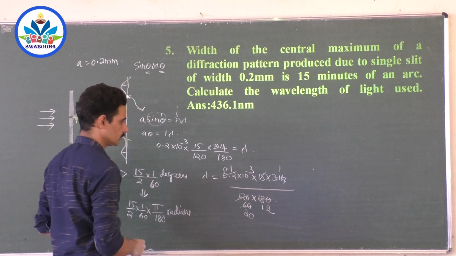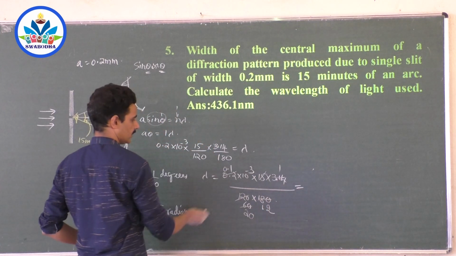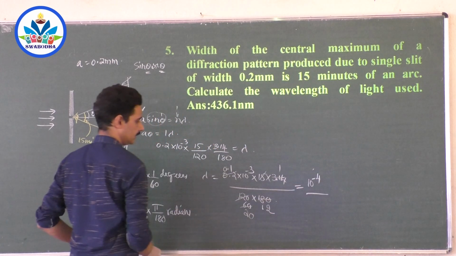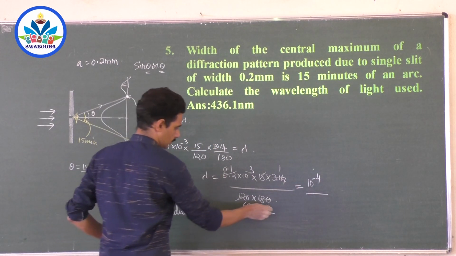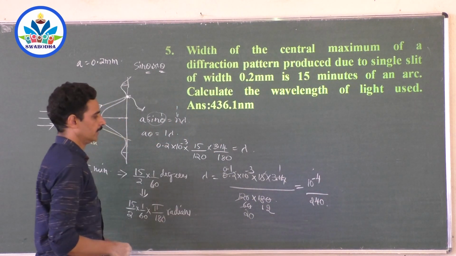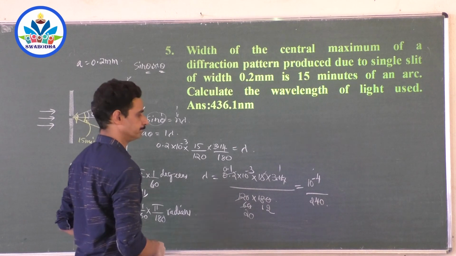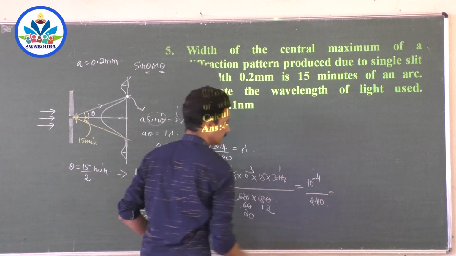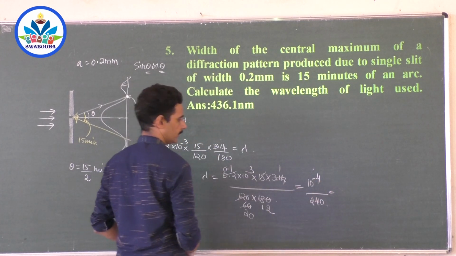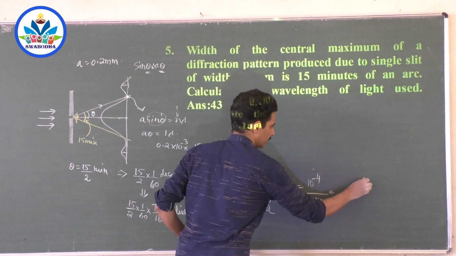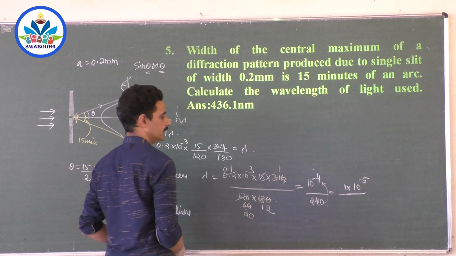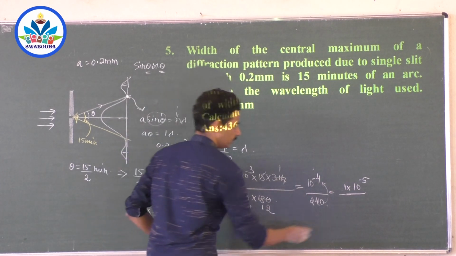Lambda is equal to 10 to the power minus 1 minus 4, divided by 240. Bringing the zero to the numerator, 10 to the power minus 5 by 24.